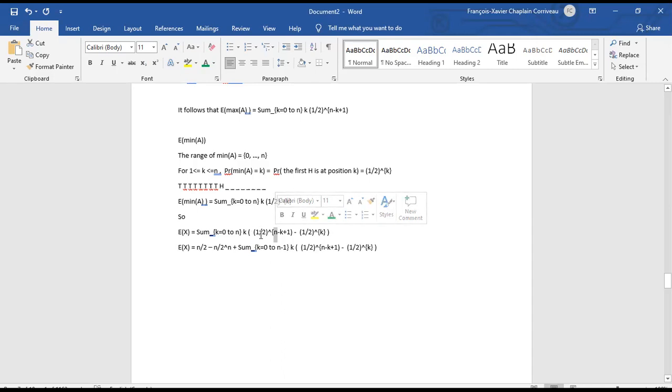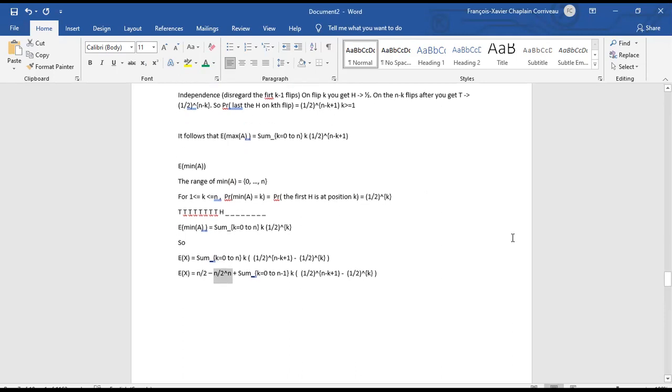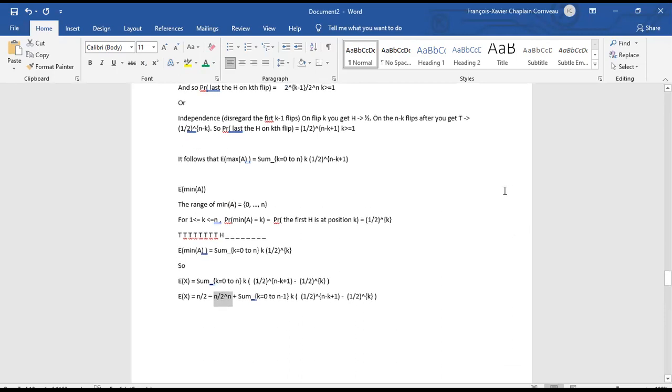So I get n times a half. This is this part, minus n times a half to the n. This is this part. So again, now I'm just thinking if there wasn't a much shorter answer to this, and in my head, the answer is yes. But I'm trying to formalize this.